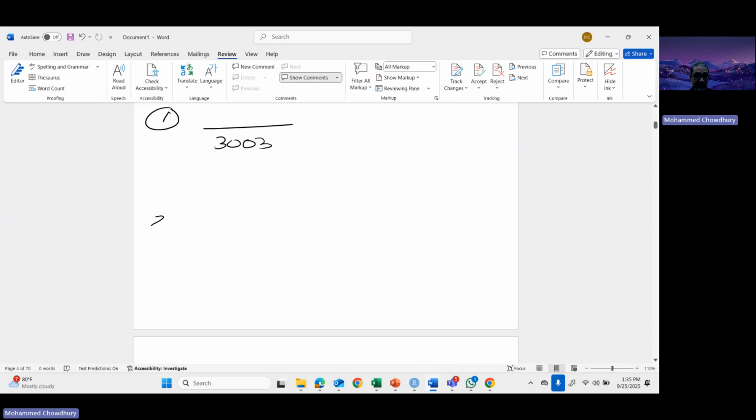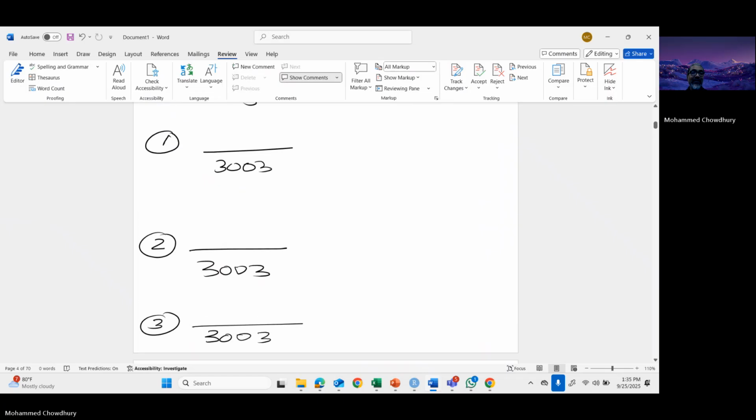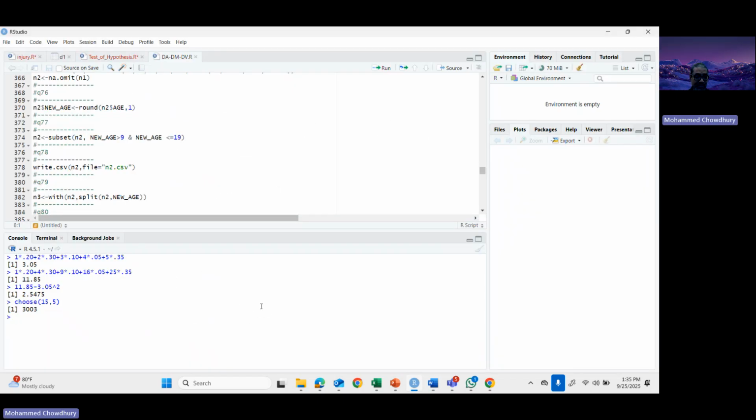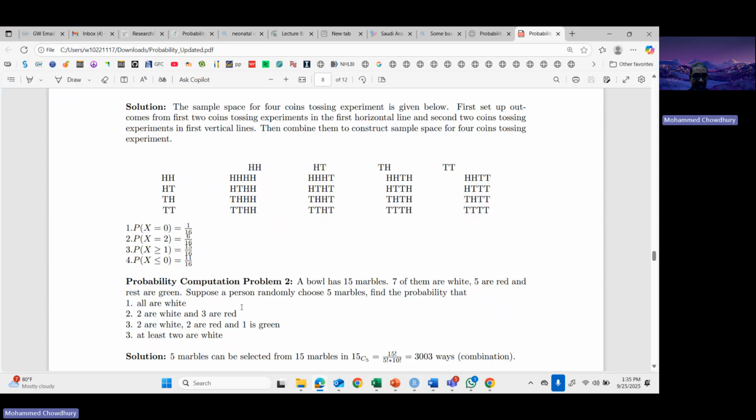Second problem: denominator is 3003. Third problem: denominator is 3003. Okay. Now, the first problem is asking you, all are white.